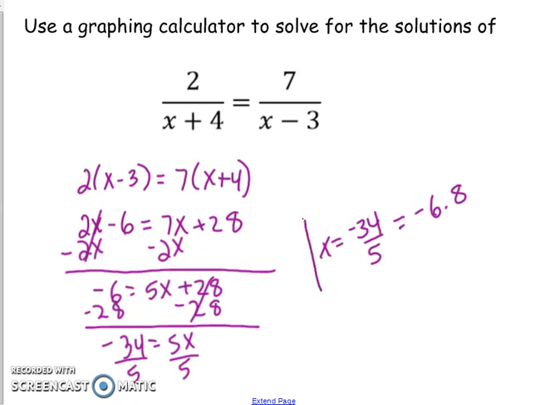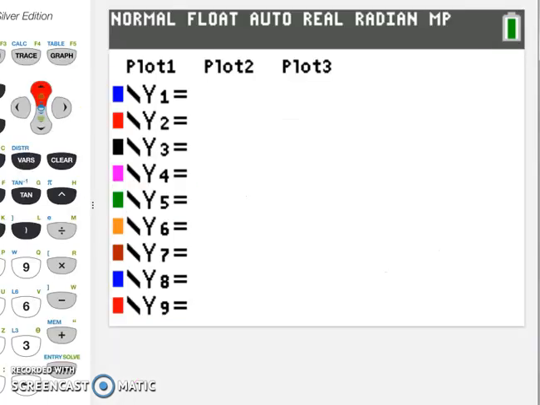Now we're going to check with the calculator to make sure that we get negative 6.8. Again, the fraction on the left side of the equal sign is going to go in for y1. So that's 2 divided by x plus 4, and the x plus 4 we're going to put in parentheses.